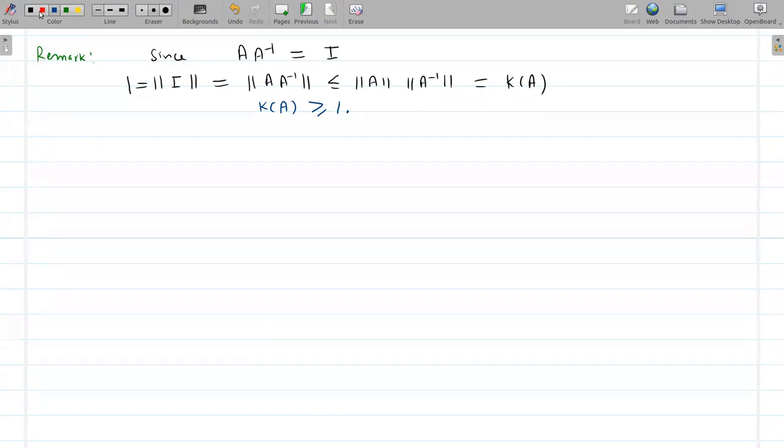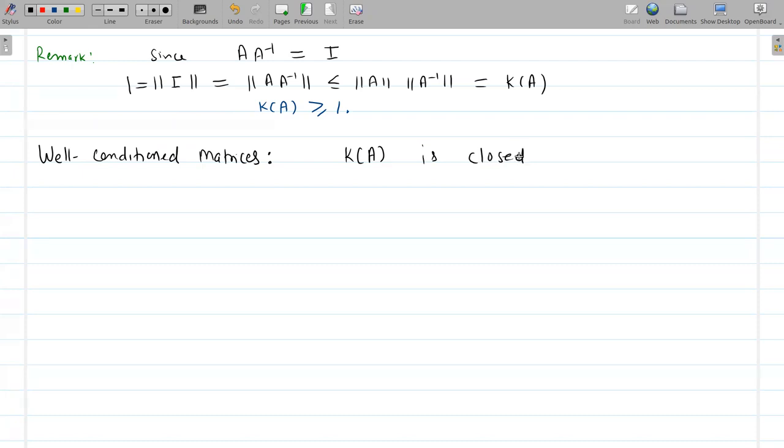So, like in one dimension, we define well-conditioned matrices, and for those matrices this condition number is close to 1, it will be near 1.